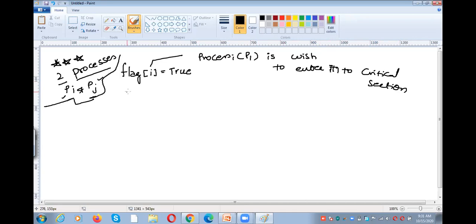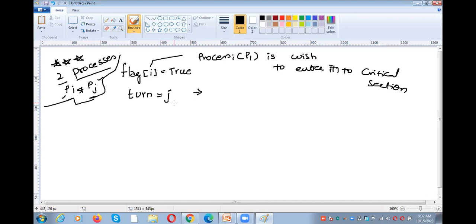Then the next variable is called turn. For example, turn equal to j. What is turn equal to j? It means even though i is willing to enter into the critical section, the turn is for j. While you are playing carom board, you hit the coin first, and then it will be the turn of the other person to hit the coins with a striker.